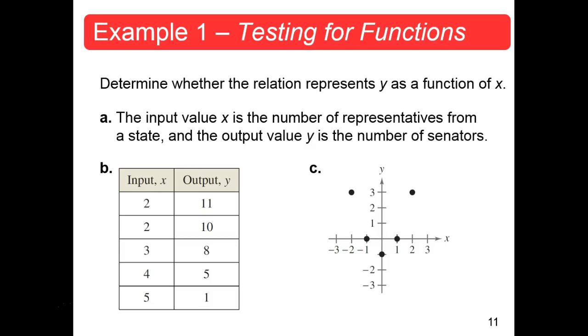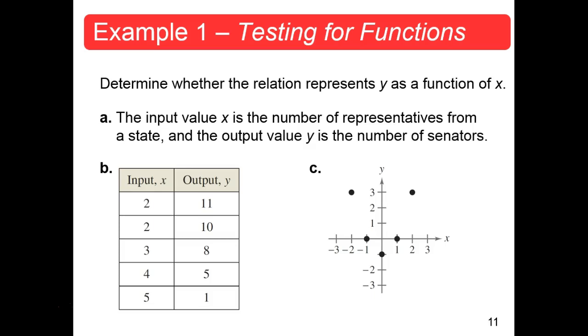Now, when you do a graph like this, I'm jumping ahead here, but no extra charge on this. Graphs are really easy to check. Anyone know the test we use? Vertical line test, exactly. If you draw a vertical line through any one of those points, they only intersect once. Whereas if you graph this one and you draw a vertical line through 2, you'd have an intersection at 10 and 11.